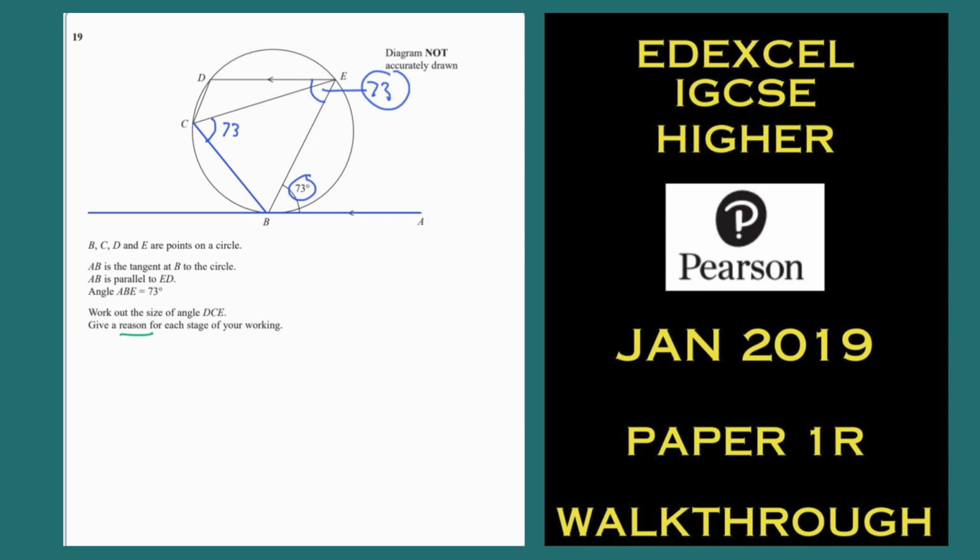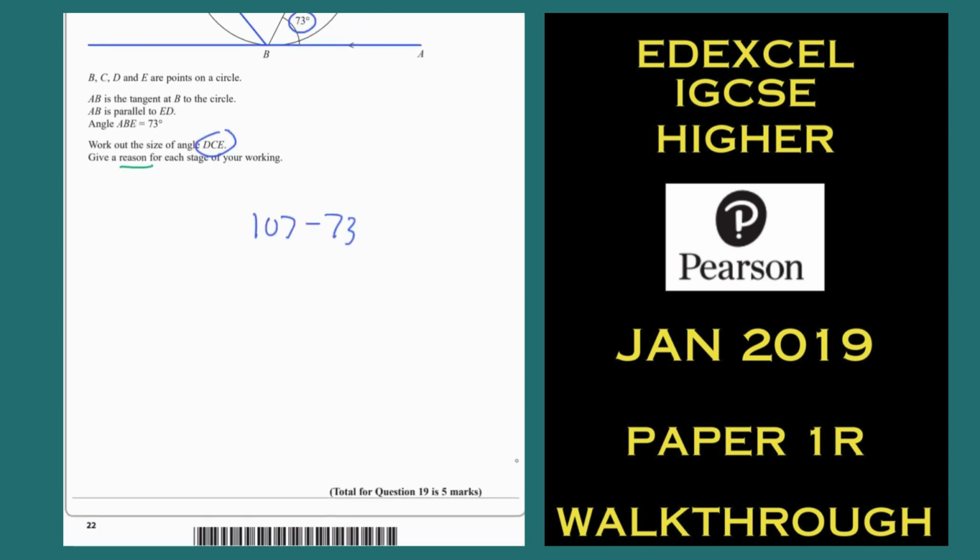So in the quadrilateral, that angle there must be 107. And that means you now know enough to find DCE, because DCE is here. And DCE is 107 minus 73. It's just 34 degrees.